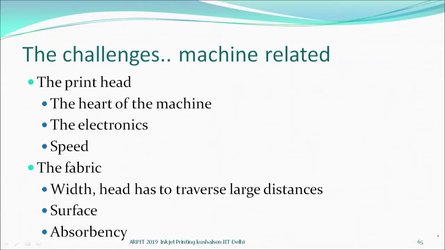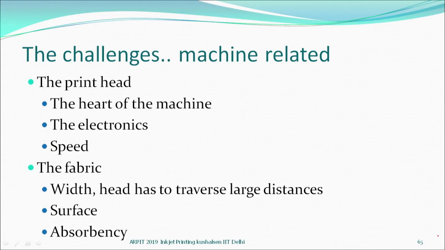The speed at which the fabric can be printed can itself be an issue, because the cost depends on how fast you can print. The fabric has larger width, so the printing head has to traverse a lot of distance widthwise.